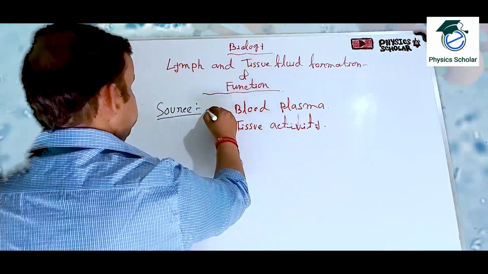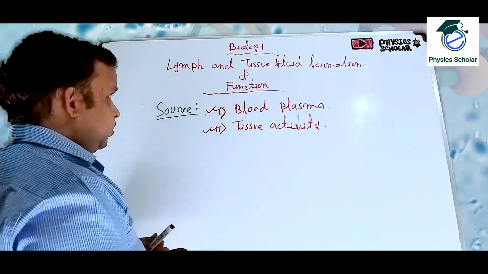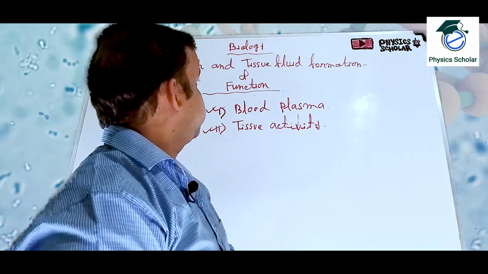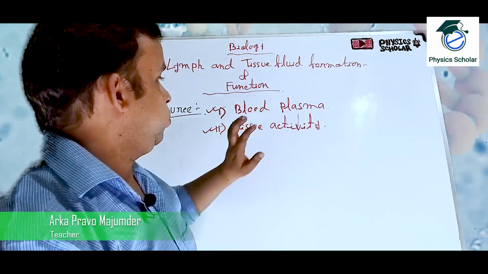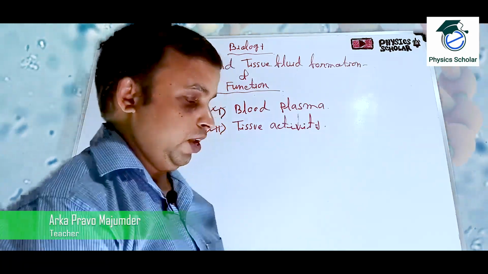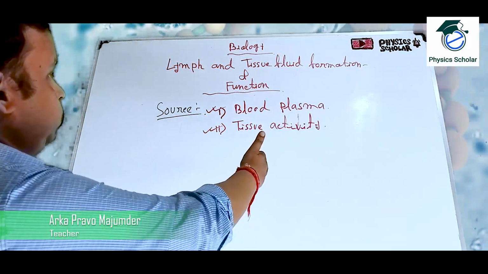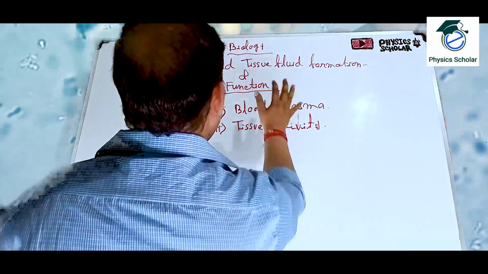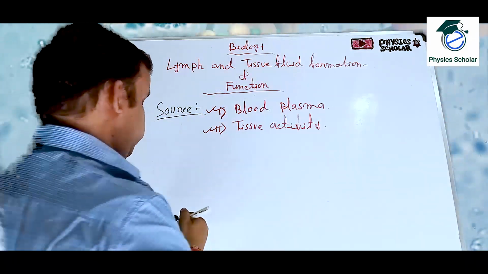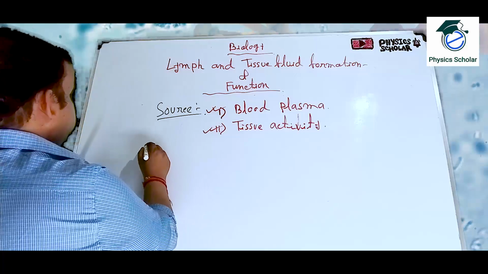So from these two parts, basically the tissue fluid develops. The first one is blood plasma and the second one is tissue activity. Now how it develops from these two we will discuss, and then we will discuss the function of the tissue fluid.